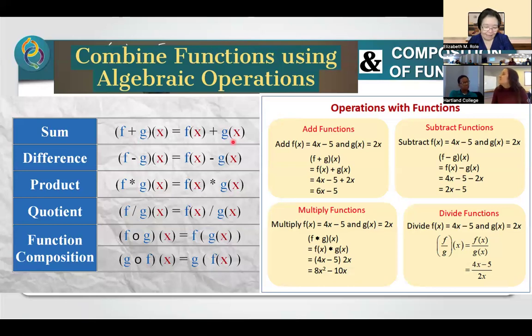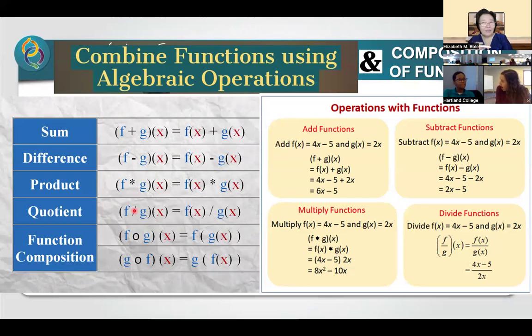If I say f minus g of x, that means you are subtracting f of x minus g of x. We use an asterisk for multiplication, so when you see the asterisk, it means you are multiplying f of x times g of x. If you see f over g of x, that means you're dividing f of x over g of x.